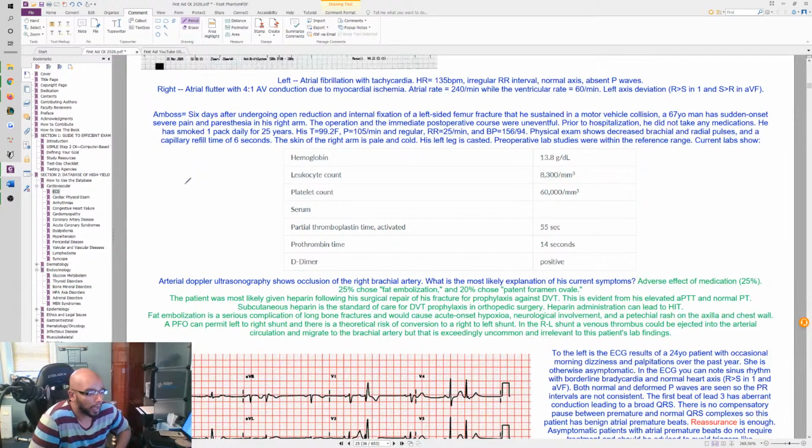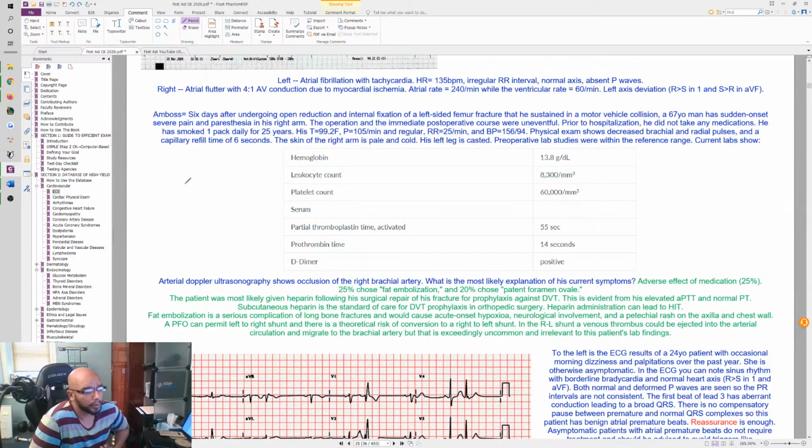So let's take a look at why adverse effect of medication. And the adverse effect thing should have come to people when they saw the lab studies being given, especially the PTT being 55. The patient was most likely given heparin following his surgical repair of his fracture for prophylaxis against the DVT. That's standard procedure.